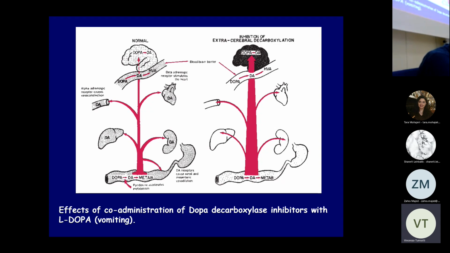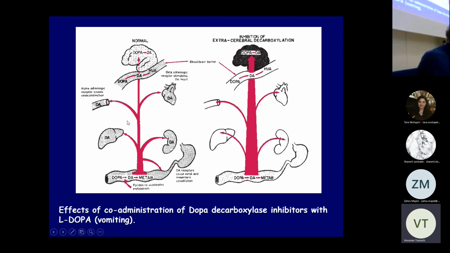Part of this L-DOPA can be transported inside the CNS, yes. But most of the L-DOPA remains in the peripheral system and can be transformed there into dopamine. And then we can have a lot of severe side effects: the stomach, vasoconstriction, heart frequency.